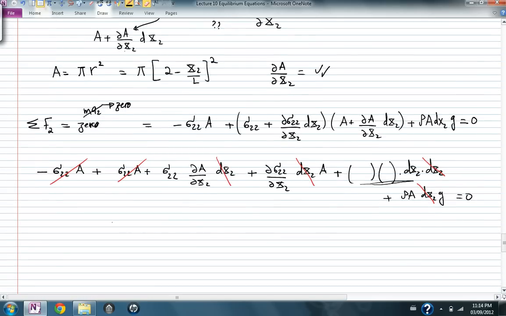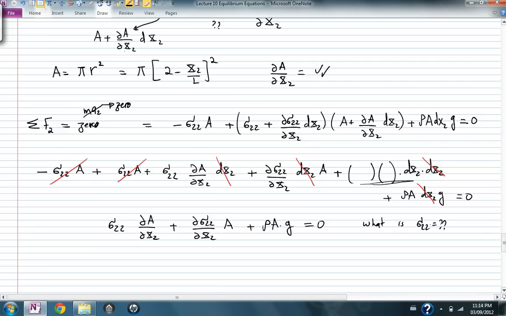And I'm going to be left with the following equation: sigma 2,2 multiplied by partial A by partial x2, plus partial sigma 2,2 by partial x2 A, plus rho A multiplied by g is equal to 0. So this is my differential equation of equilibrium, and I'm looking for what is sigma 2,2.